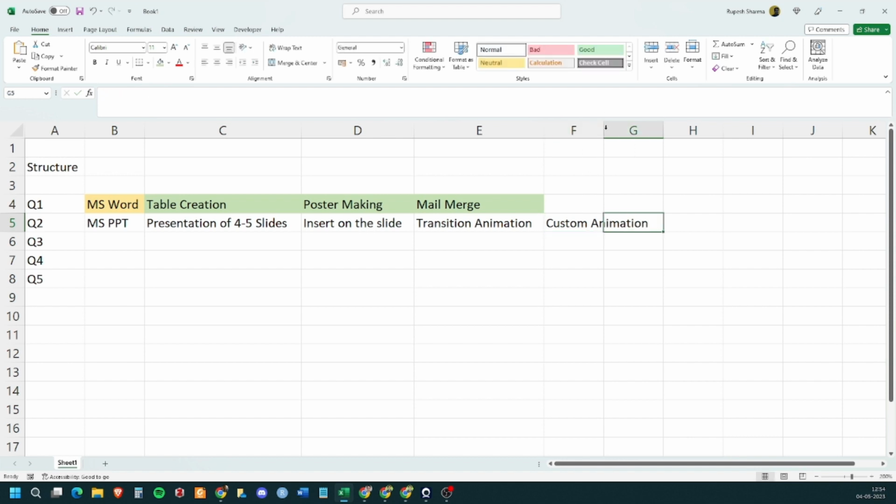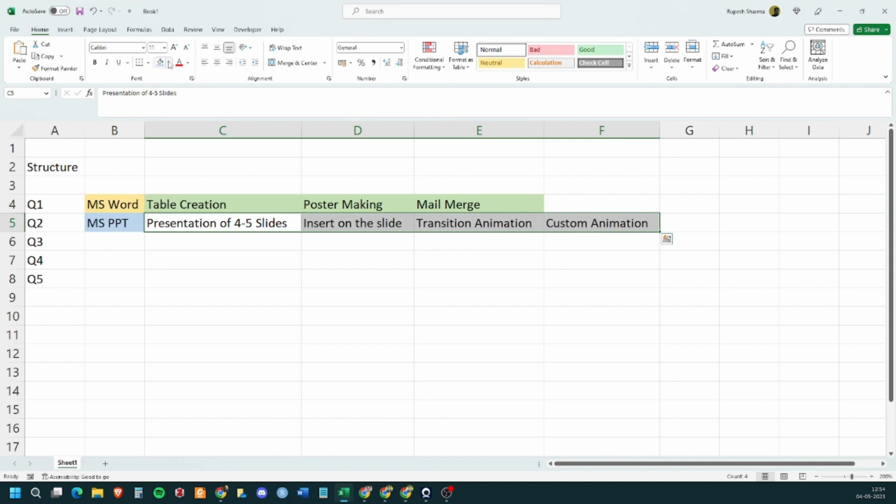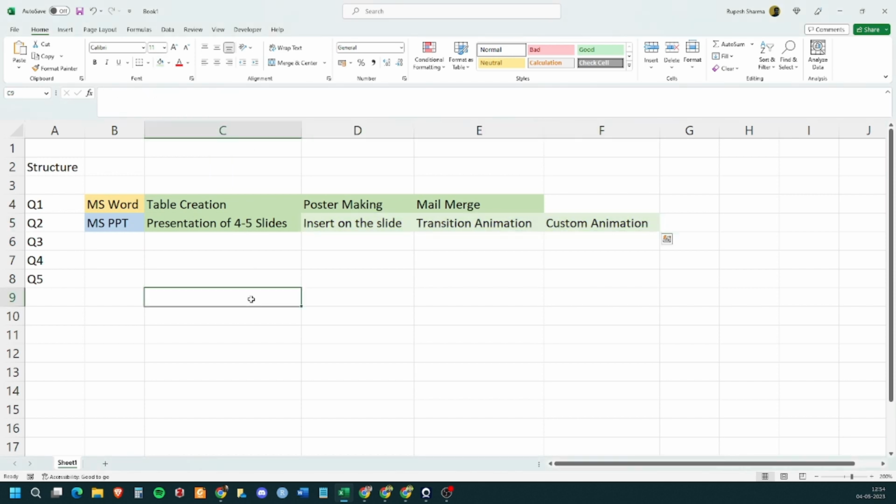So you will be asked to apply some sort of custom animation on some picture or some text, whatever the case may be. So I hope this is very clear that in this presentation you largely have to understand how to do these things. Insert something on the slide, it could be picture or it could be text, anything that can be put on a slide, and the 2 other things are transition animation and custom animation.